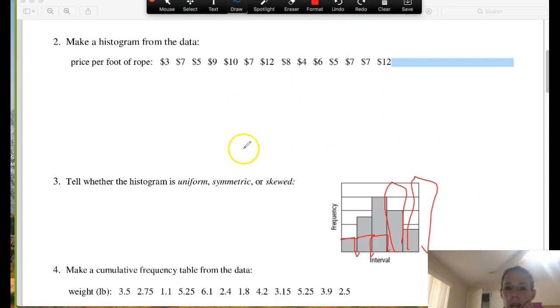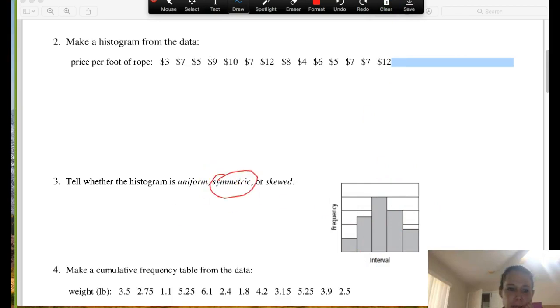And a uniform might look something like this, where they were all about the same height. That would be more uniform. This one, to me, though, looks symmetric. I'm going to pick symmetric.